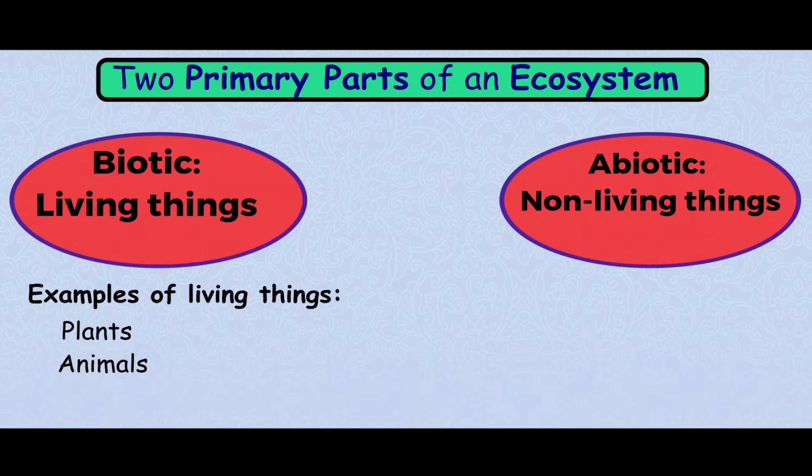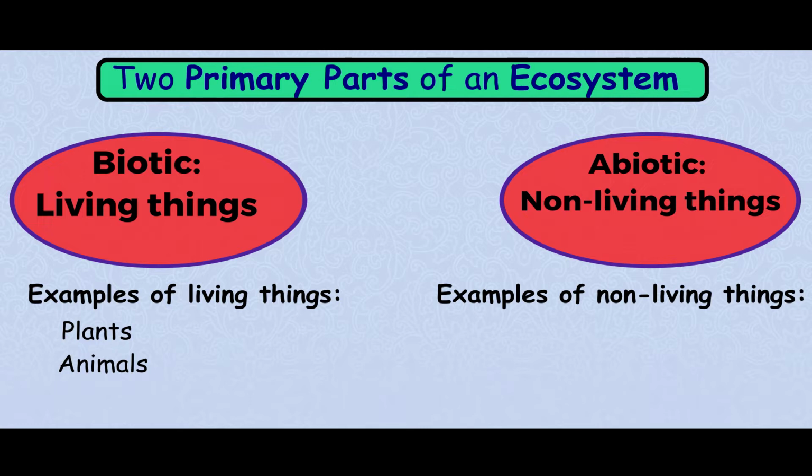And on the other hand, we have the abiotic component. So if plants and animals are constituting the biotic component of the ecosystem, what do you think might be there in the abiotic component? So all the non-living things are included as abiotic components.